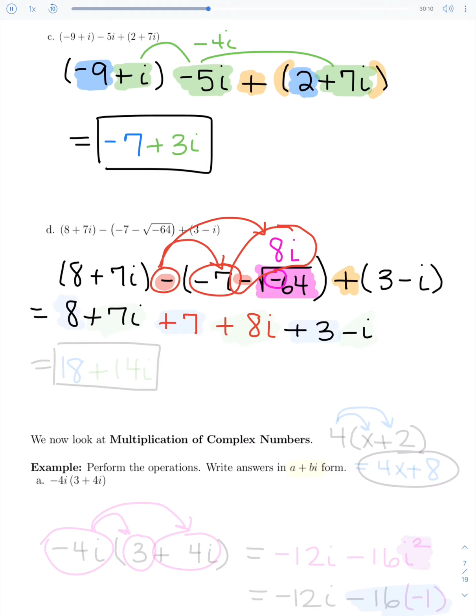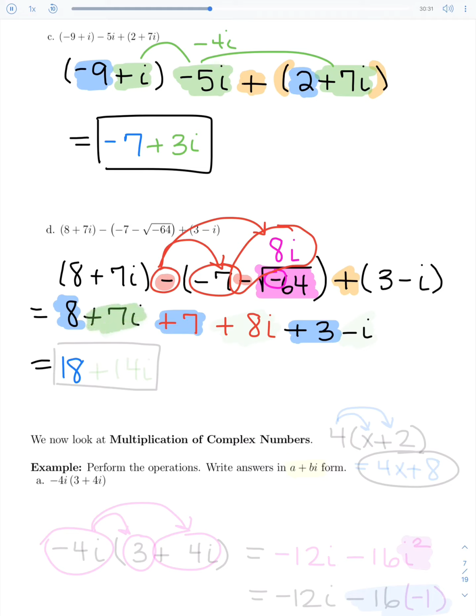Now I can just combine my like terms. What are they though? I've got an 8 and a 7, which is 15. Added to 3 more would give me 18. So I'm going to start out with just a regular positive 18. Then I can look at adding up my i's.